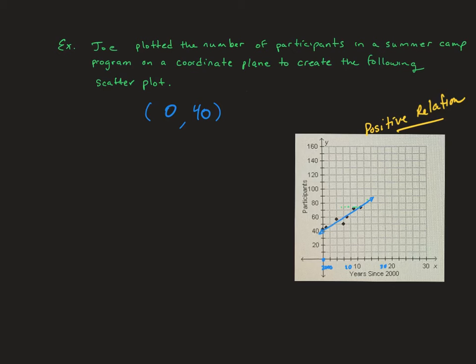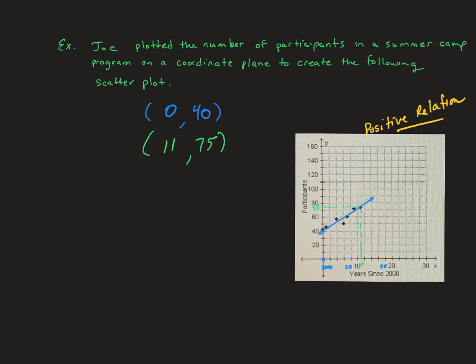And then if we went down here, that would probably be 11. So that ordered pair, I could say, is going to be X is 11 and my Y is going to be 75. So I have found 2 points along my line of best fit where I can now turn around and create an equation of a line.